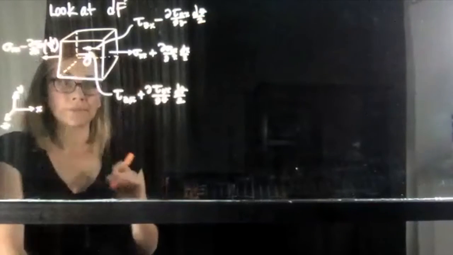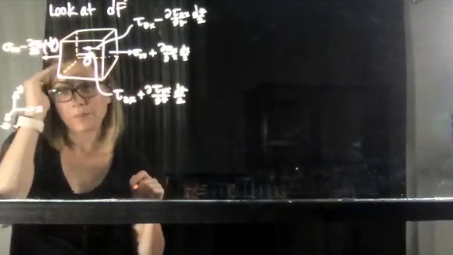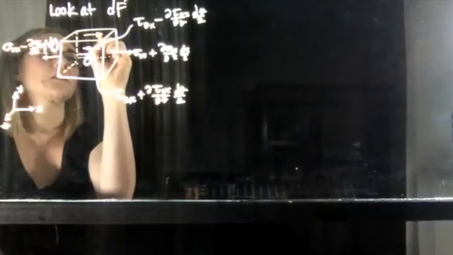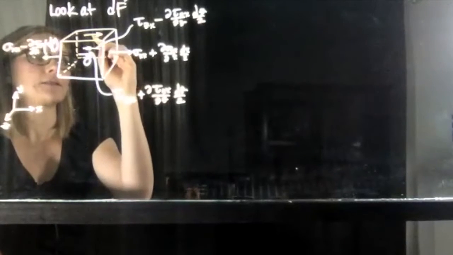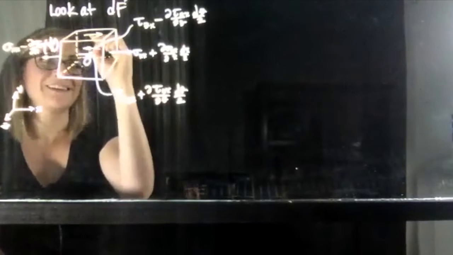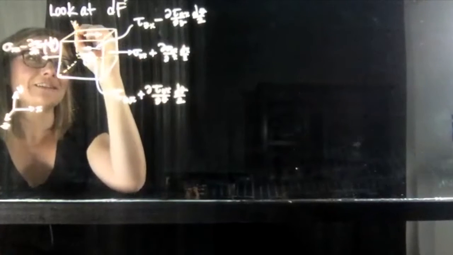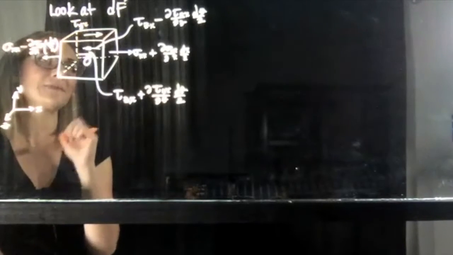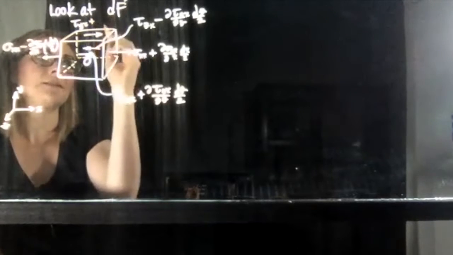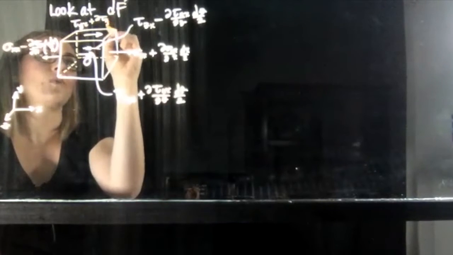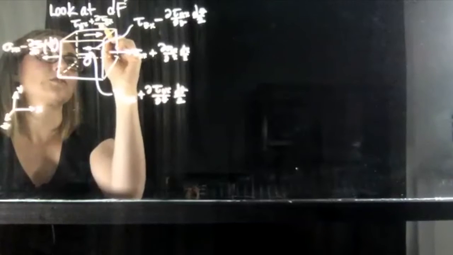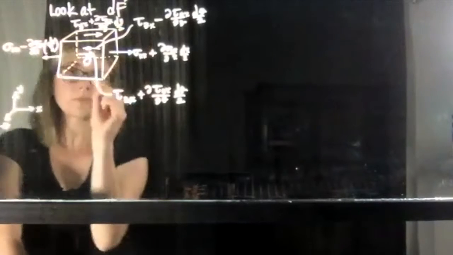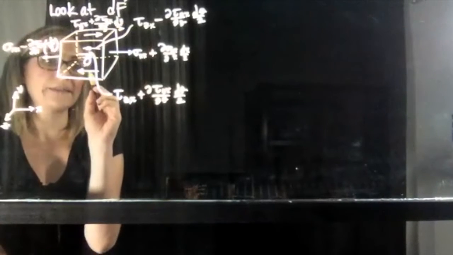Okay, great. So now we also have our top and our bottom faces to contend with. I'll start with the top one here. So it's going to go this way. And let's see where I can write this. Okay, so this one is going to be tau, we're acting on the y face in the x direction, plus partial tau yx partial y dy over 2. And then the same thing on this bottom face.